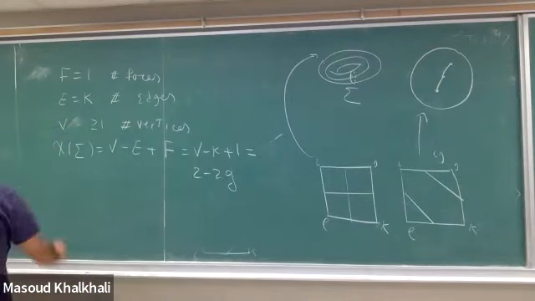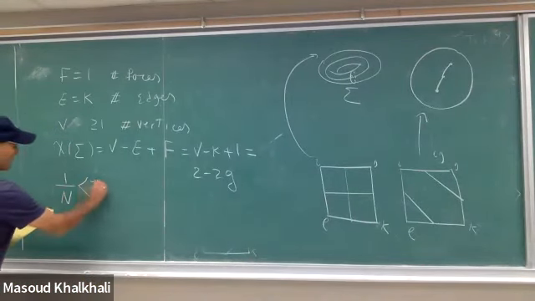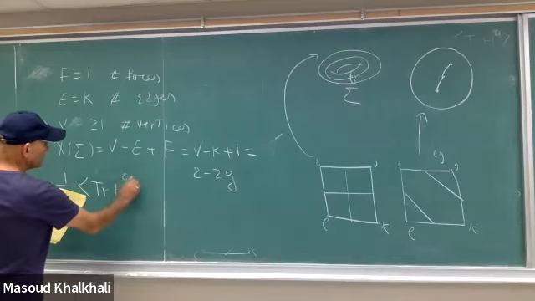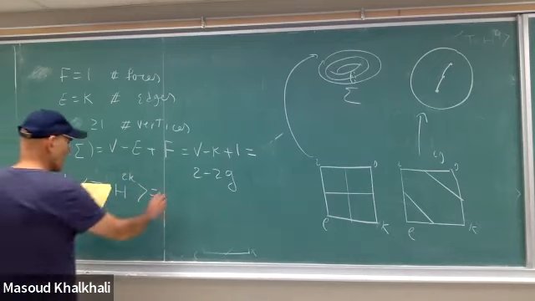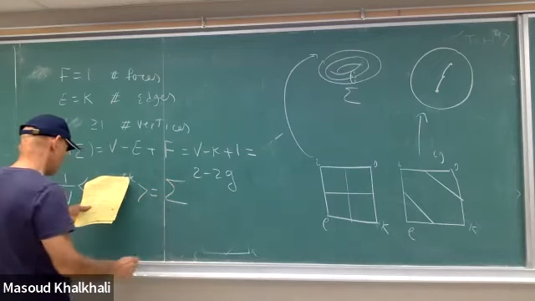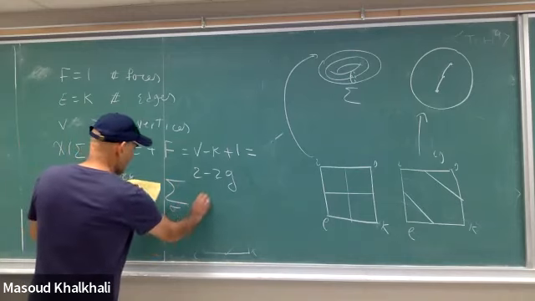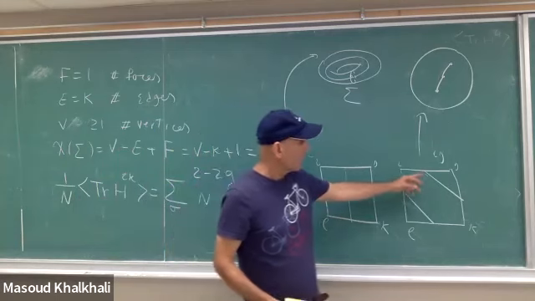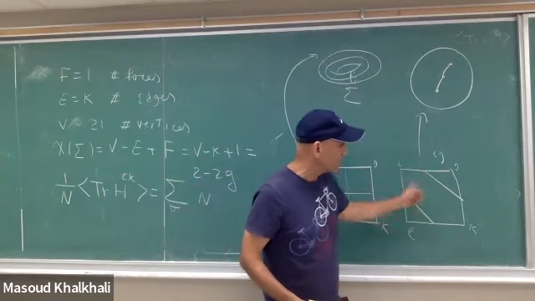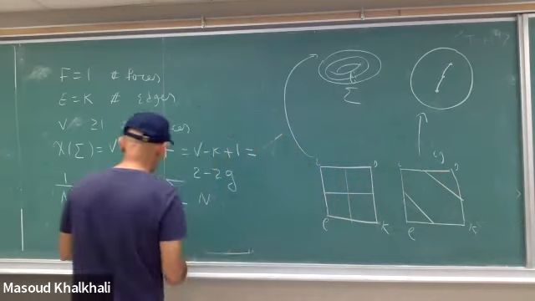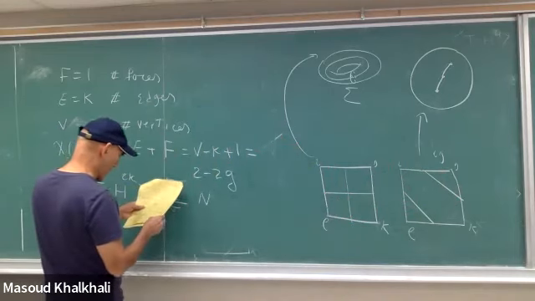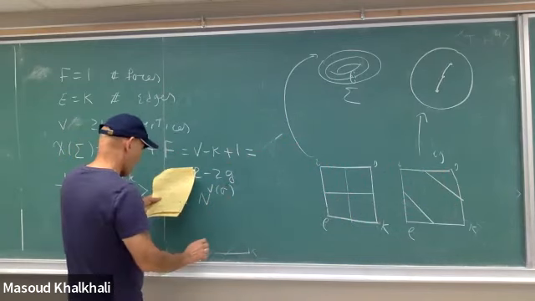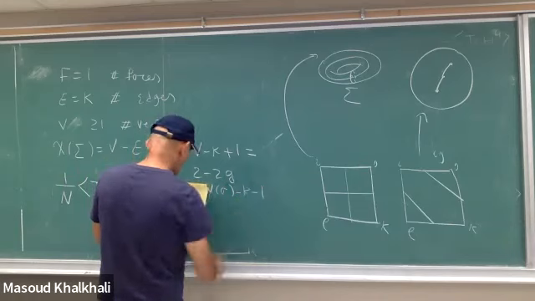So then the expansion that we are interested in can be understood like this: 1 over N times the expectation value of the trace of, let me write it as H^2k, for example, is the sum over sigma of N to the power of the number of vertices of sigma minus k minus 1, where sigma is the gluing you are using, a certain identification of edges of your 2k-gon.